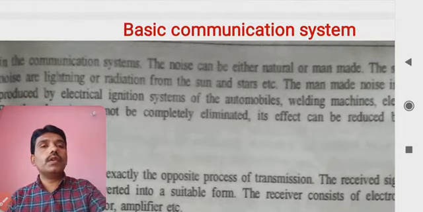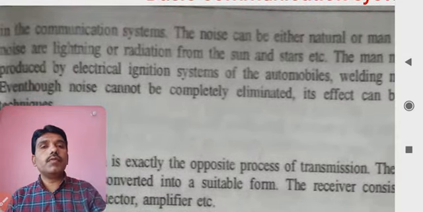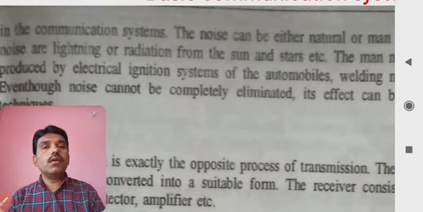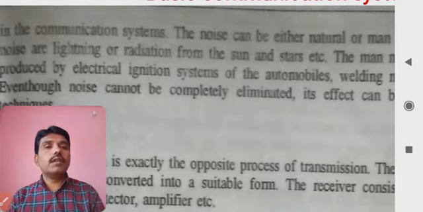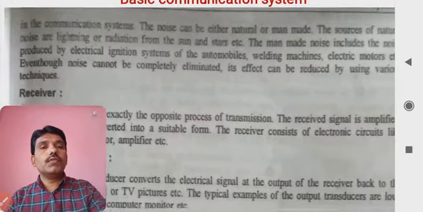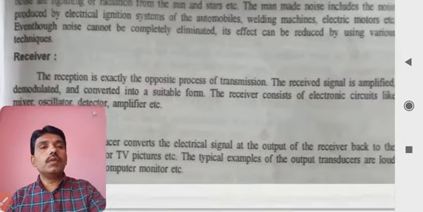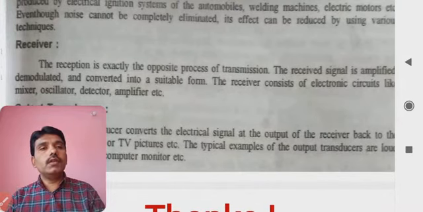Once it is added at the time of recording, it is not possible to remove that noise. That's why it is very important to take care that noise is not added in the communication system while the information is taken in through cameras or microphones.